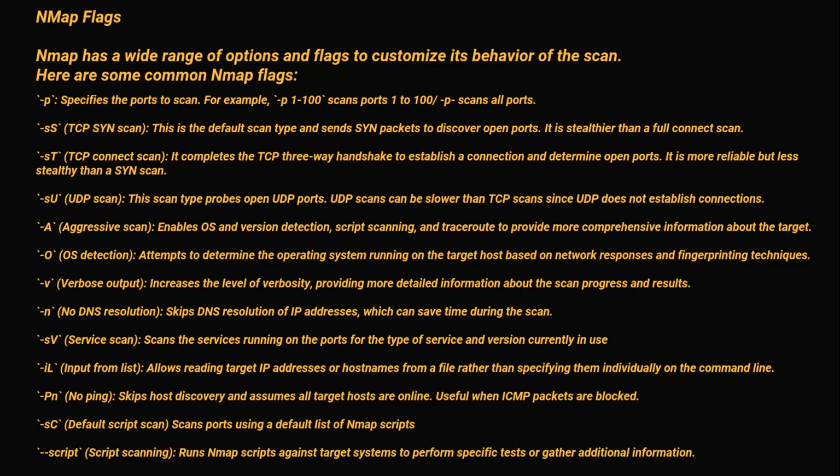So Nmap has a wide range of options and flags to customize the behavior of the scan. Some of the common ones you'll see is like -p. This is if you want to specify what port or port range you want to scan. So for example, if you know only port 80 is open, you can say, all right, fine, nmap -p 80.